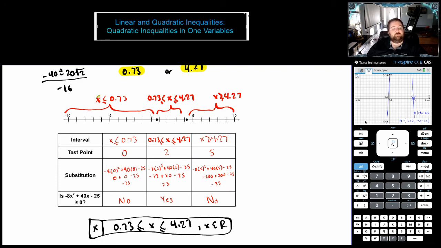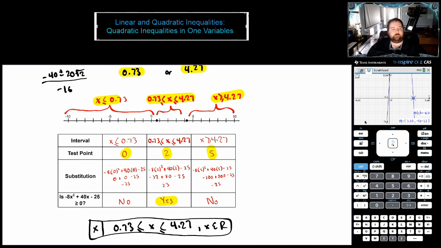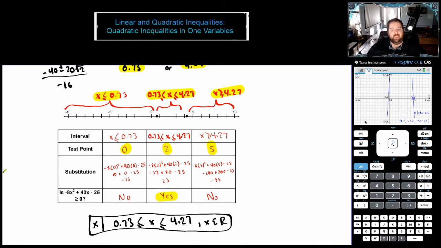So I have regions and test points. So I have this region, and this region. And then I found my test points. So I'm testing 0, 2, and 5. And I found that it's this region that's true when I do that. And so my answer becomes that region. So from 0.73 seconds to 4.27 seconds, elements of real numbers, and there we go.